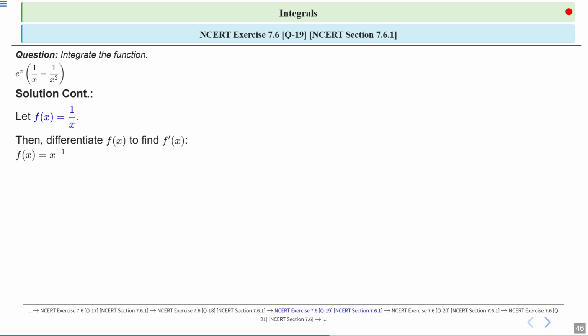So f(x) is equal to x to the power minus 1. Apply the general formula of power n, that is differentiation of x^n is n into x to the power n minus 1. So differentiation of x^-1 is minus 1, that is n, into x to the power minus 1 minus 1, that is minus 2. So it becomes minus 1 by x square.